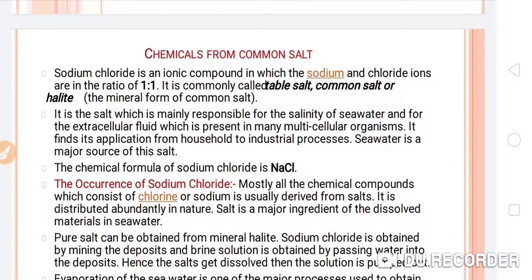It finds its application from household to industrial purposes, meaning the salt is a multi-purpose compound. Seawater is a major source of salt, meaning we can get this salt from the sea, that is the ocean. The chemical formula of sodium chloride is NaCl.